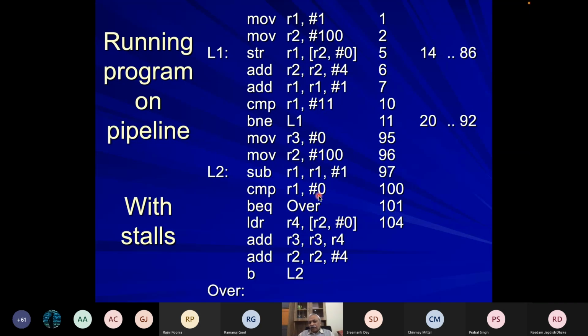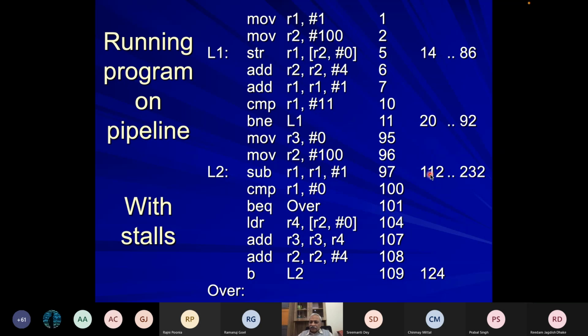So let us say we were following the flush approach. There is a dependence between this LDR and add. So again 2 cycles. Then there is an unconditional branch, but even an unconditional branch will account for some delay. So added 2 cycles. Next iteration starts in 112. Ends in 124.